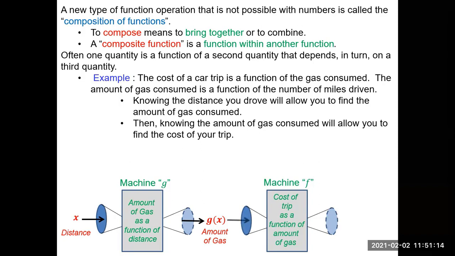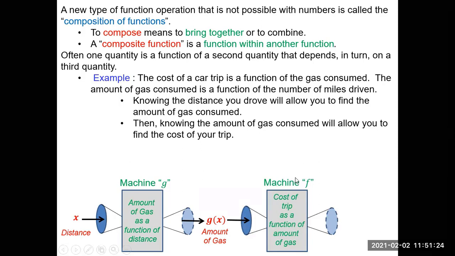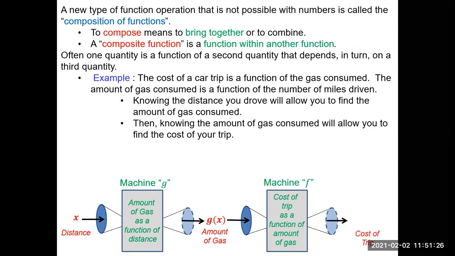So notice that the amount of gas is going to be the input to another function. So I'm now putting a function into another function, and I'm going to output the cost of the trip, which is f of the input. The input just happened to be another function.